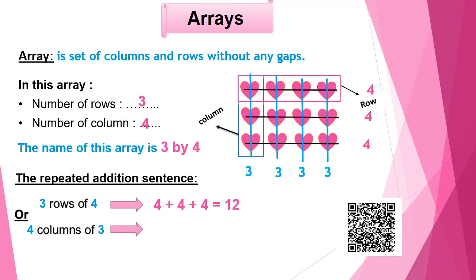So if I write the repeated addition sentence by columns, I can say 3 plus 3 plus 3 plus 3, 4 threes. I will add all of them. It also equals 12. So if I write the repeated addition sentence by rows, it will give the same number as when I write it by columns.